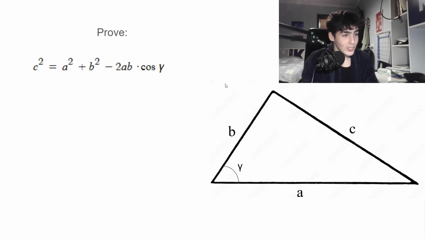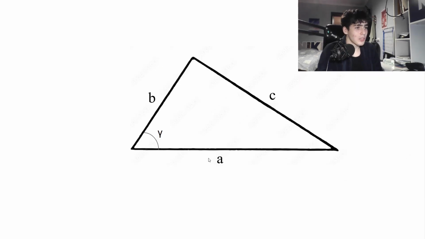In words, you can say the length of a side squared, in this case c, equals another length of a side squared plus the other length of a side squared minus 2 times the other length times the other length times the cosine of the angle in between these sides, or the cosine of the angle opposite to the side we're looking at. In words it is complicated, but in this equation, it is explanatory by itself.